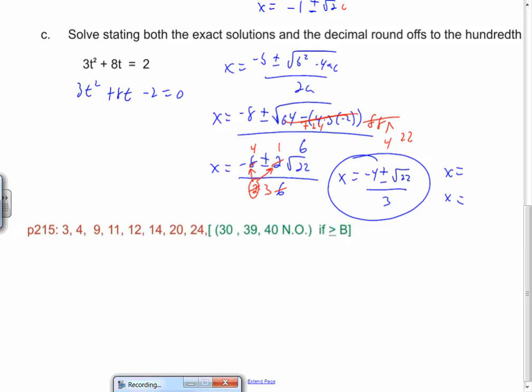All right. What do we got? 1.79. Anybody else get that, I hope? 1.79. Anybody? No 1.79s? How about negative 4.46? All right. What are the two answers?